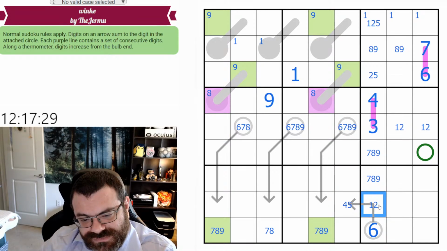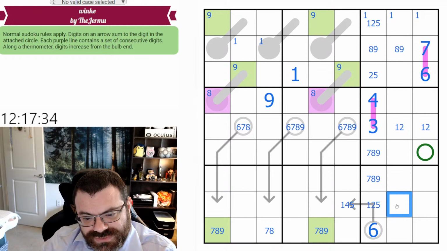This could also be a 5. That's true. You could do 5, 1, but that doesn't change the 1, 2, 5 triple.